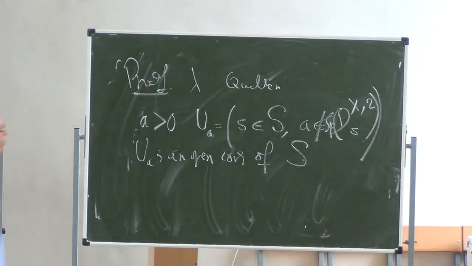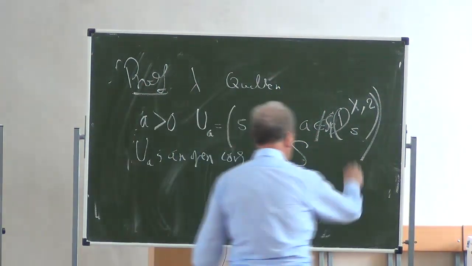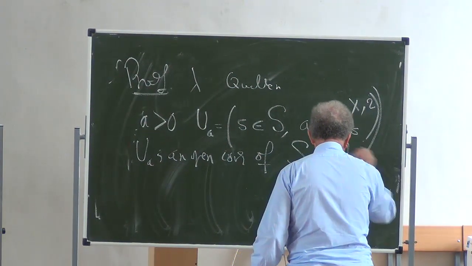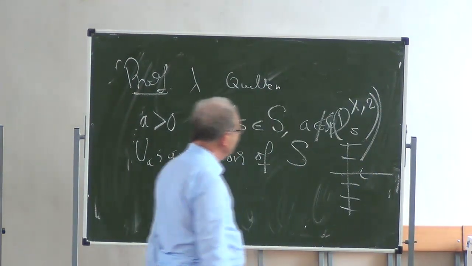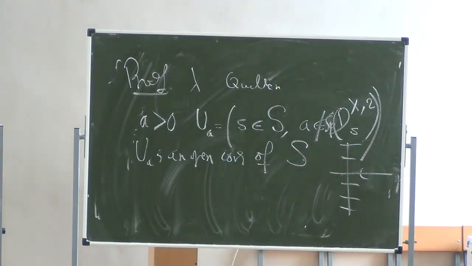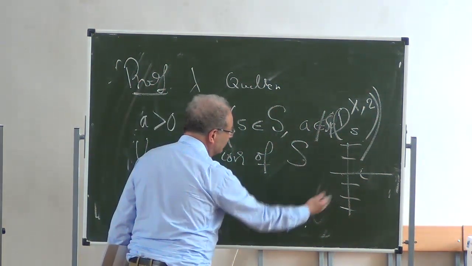A does not belong to the spectrum. Okay, so we have here A, and here are the eigenvalues, but A is not there. So UA is an open cover of S. It's open because the spectrum depends smoothly, and it's a cover because the spectrum is discrete.